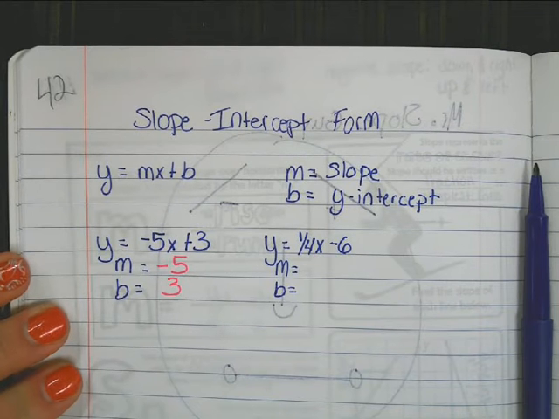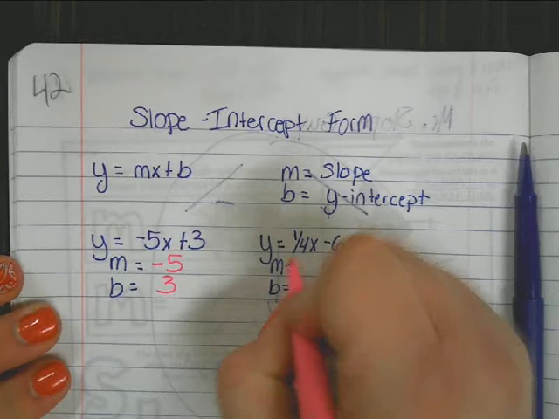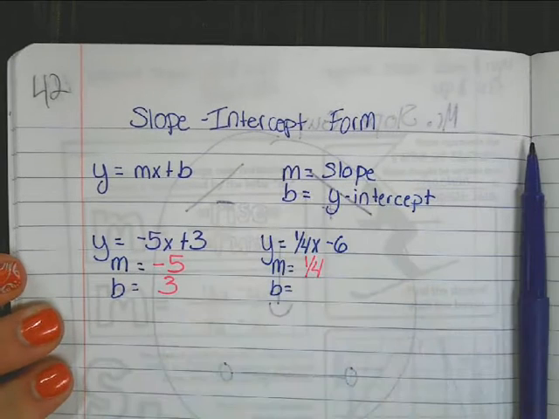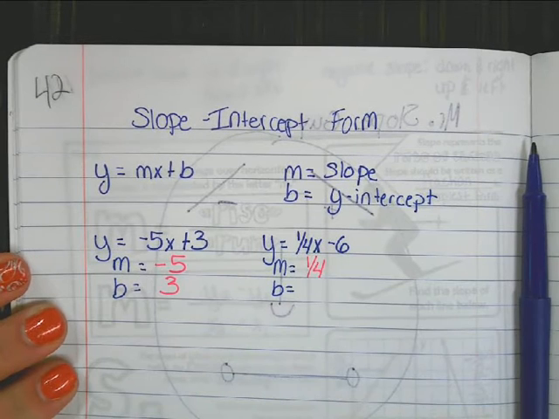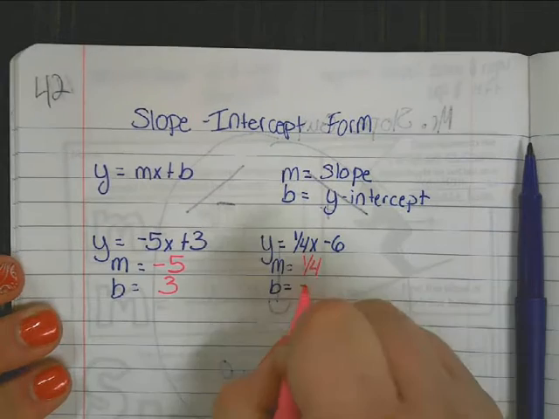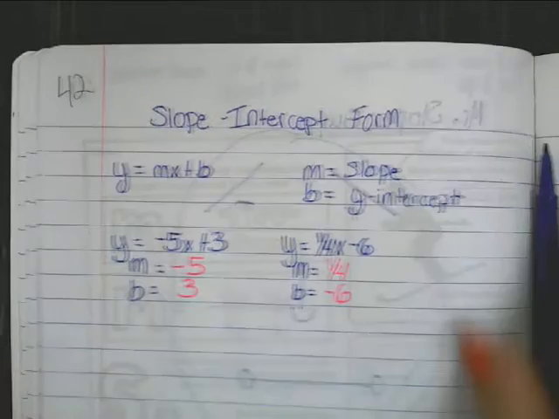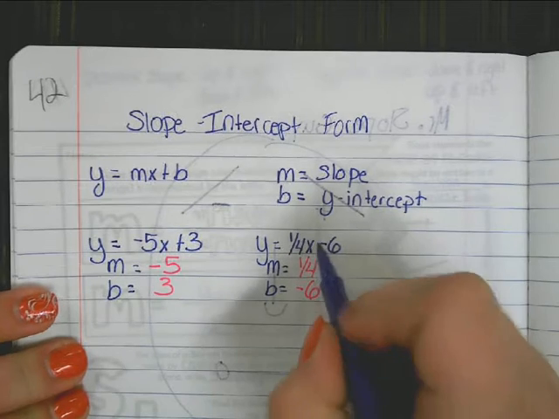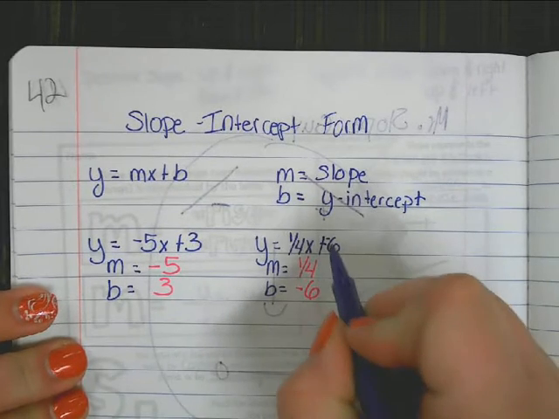One-fourth. What is my b? Negative 6. Right? Because if you remember, I want it plus b, but if I rewrote this as a plus a negative, if I did keep flip change, that's how it's a negative 6 on that one.